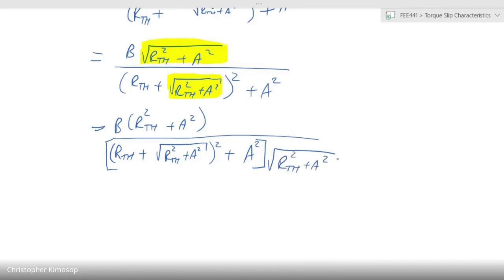Okay. Now that becomes a long expression, which when expanded out becomes B times R1 squared plus A squared over the long expression.